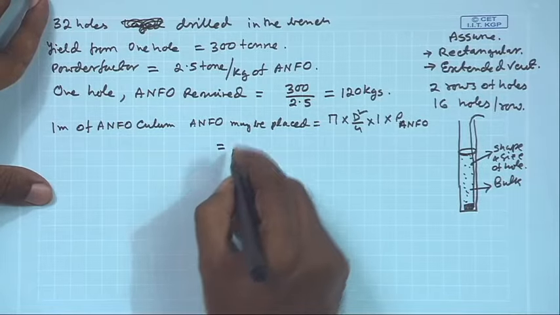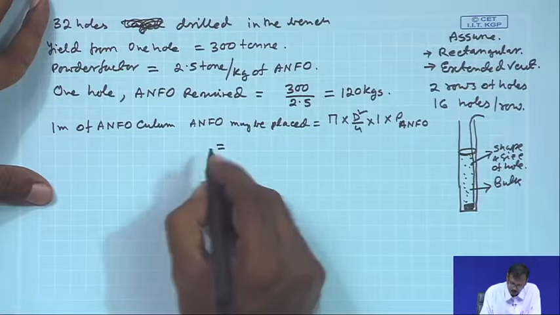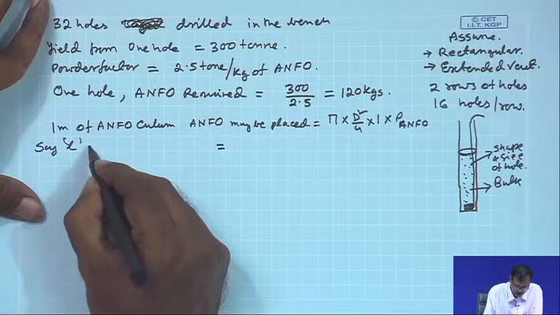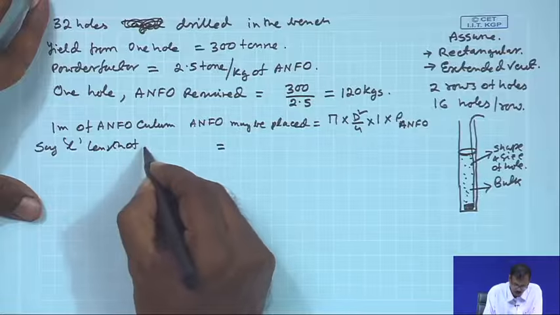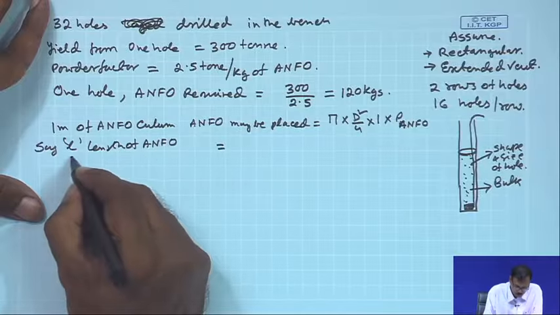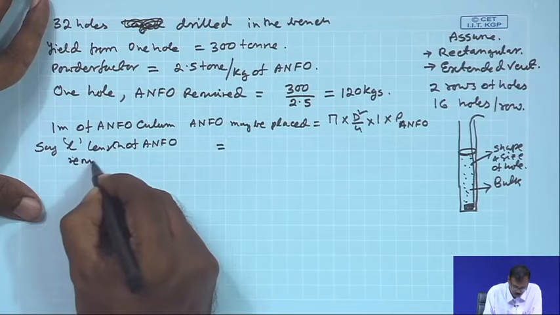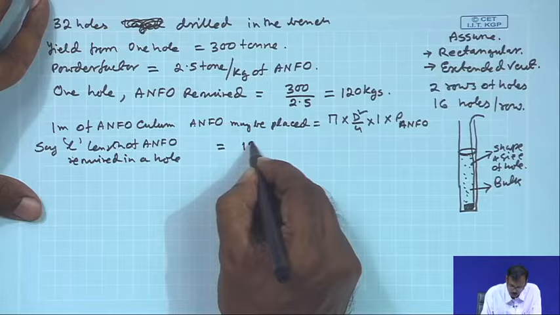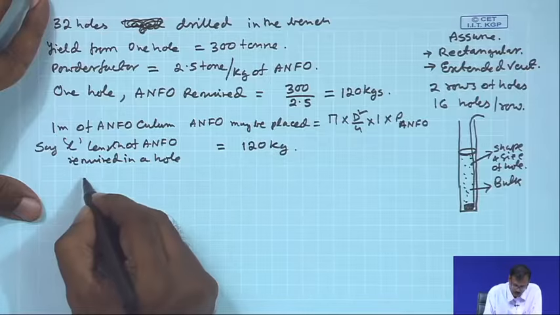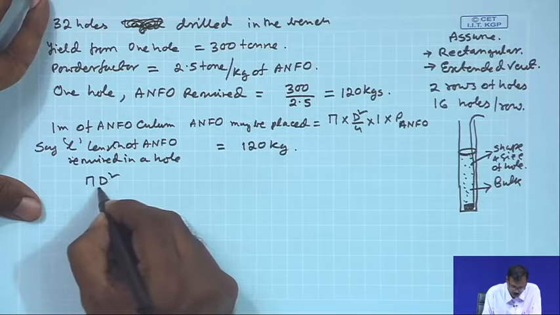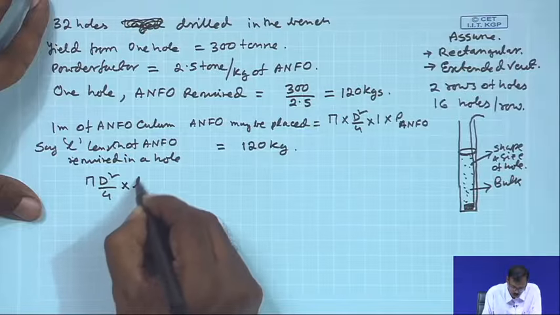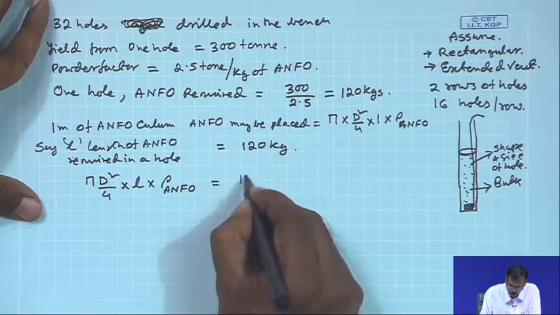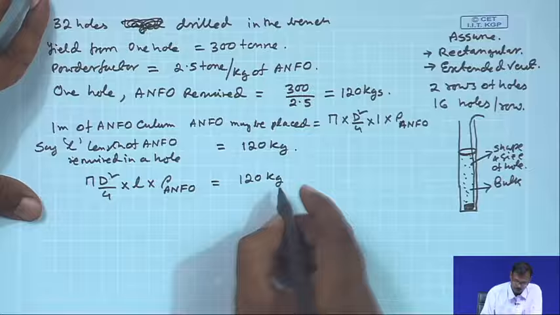So, if you solve this one, then you will find out, say consider L is the length of ANFO required in a hole which is equal to 120 kg, then pi d square by 4 into L into rho ANFO is equal to 120 kgs.